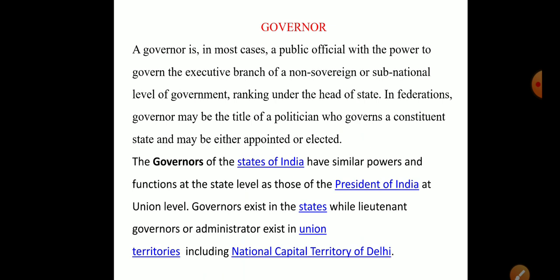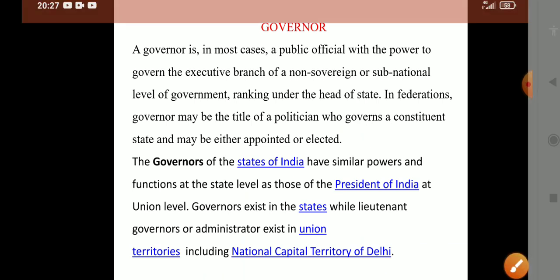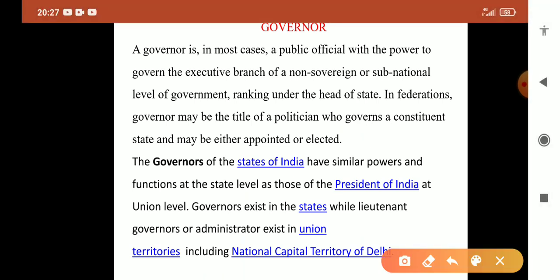A governor is, in most cases, a public official with the power to govern the executive branch of a non-sovereign or a subnational level of government.